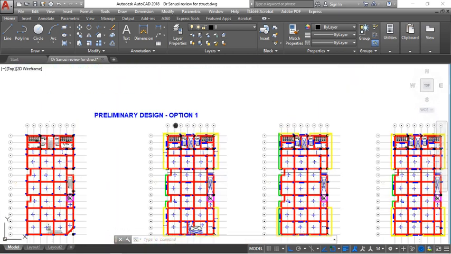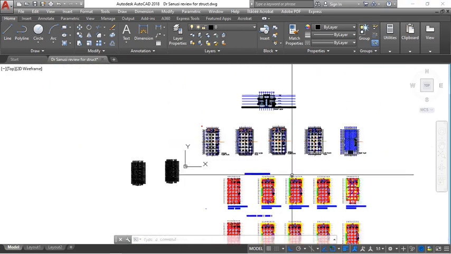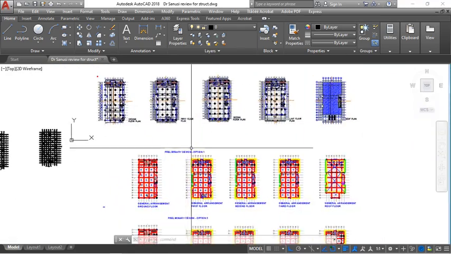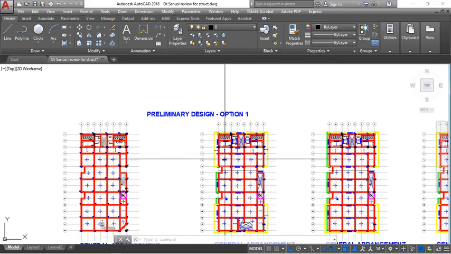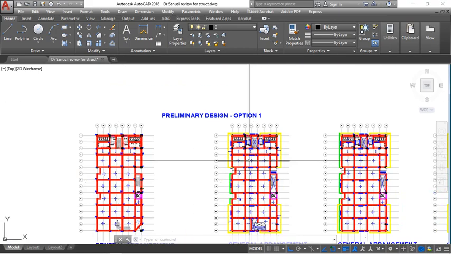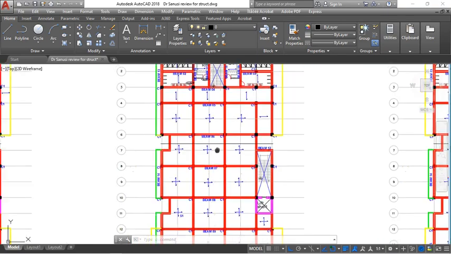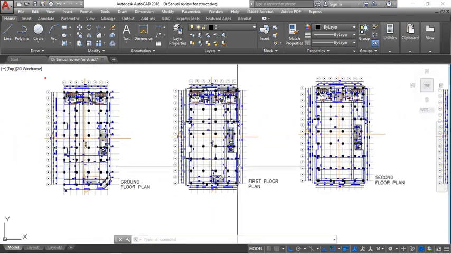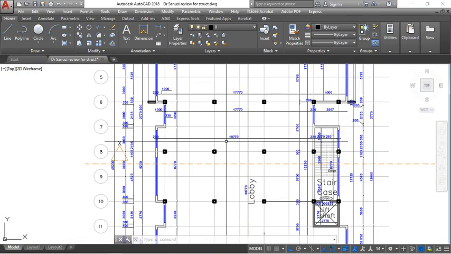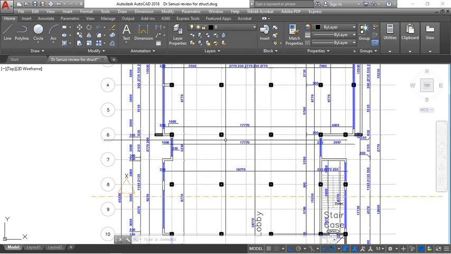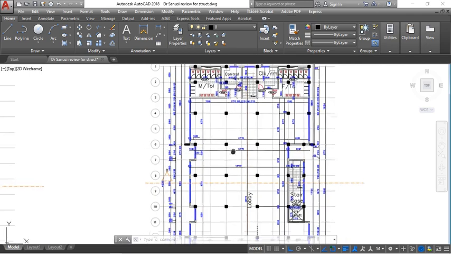So another engineer might pick this and have something entirely different from what I have, and it will still be right. So there's no right or wrong kind of thinking here.